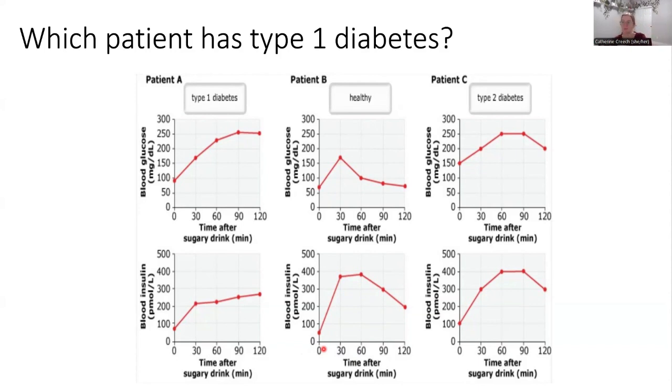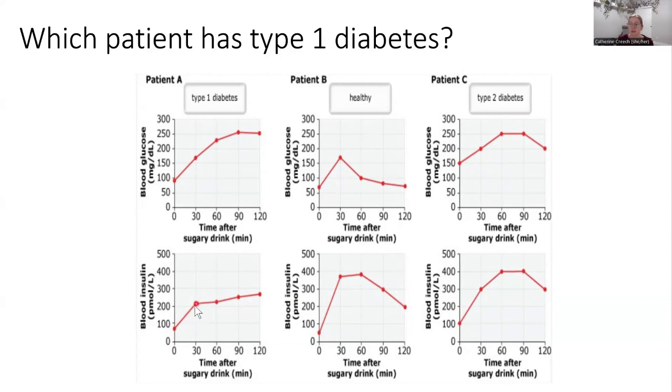So if you were to graph this every time you ate a sugary thing, it would go spike, drop, spike, drop, spike, drop. A person with type 1 diabetes, their sugar level elevates just like everyone else, but then it does not decrease. The reason it does not decrease is because type 1 diabetics are unable to produce insulin at healthy levels.